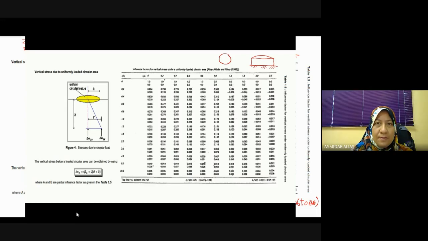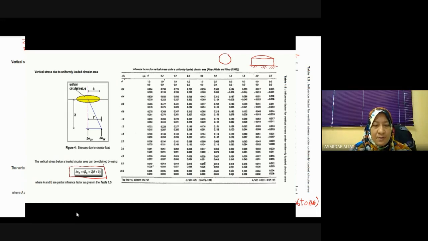For circular section, the general equation is this one. Stress is equal to QIC. Q is load, IC is influence factor for circular. And then that IC you can expand to A plus B. A plus B is what you refer in the table. You have two values in one table.